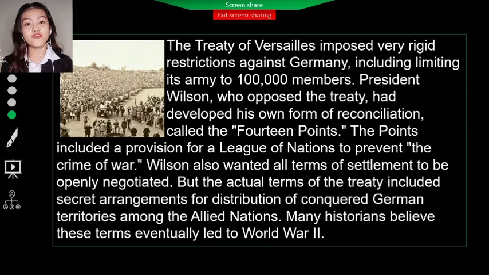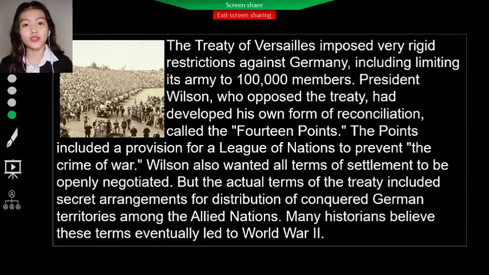The Treaty of Versailles imposed very rigid restrictions against Germany, including limiting its army to 100,000 members. President Wilson, who opposed the treaty, had developed his own form of reconciliation, called 14 points. The points included a provision for a League of Nations to prevent the crime of war.